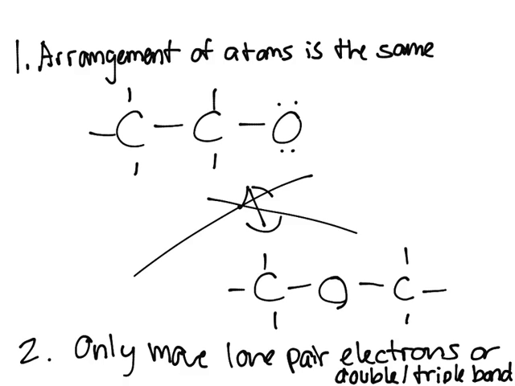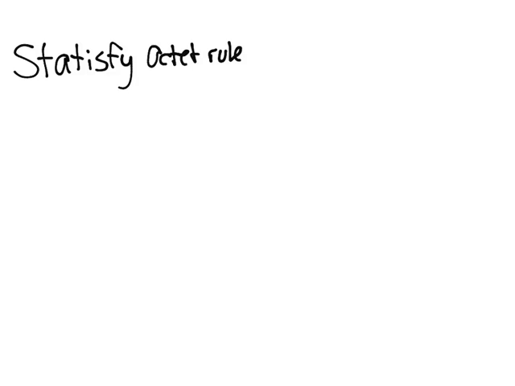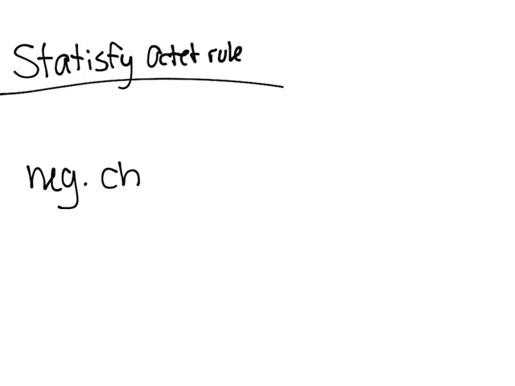And some other important things are you want to satisfy the octet rule, which means that all atoms have 8 electrons in their orbit. And then ideally you want to put the negative charge on the most electronegative atom.